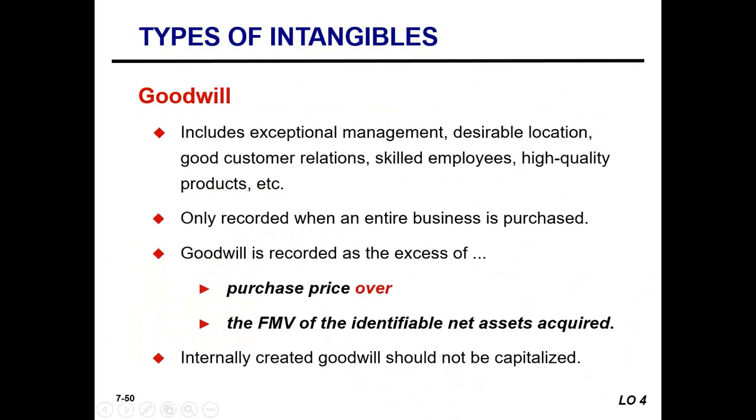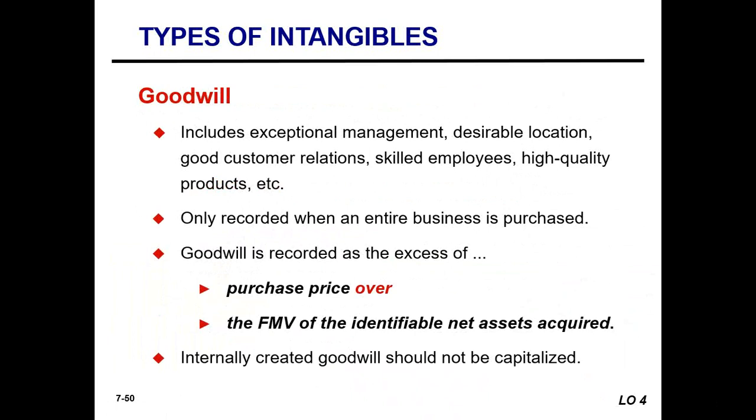Goodwill. Now, this one is so difficult. Goodwill is the things that we can't really count or measure about a company. Do you know what my most valuable asset is? It's my client list. But it doesn't show on my books anywhere.